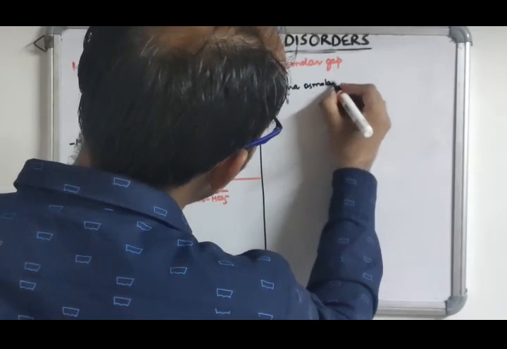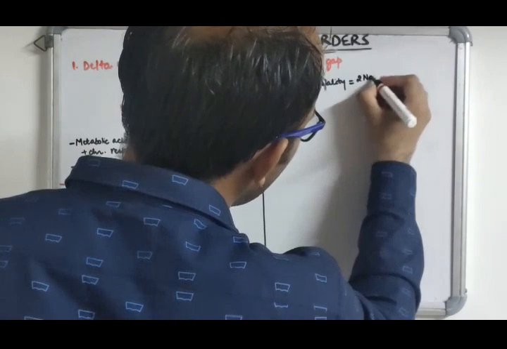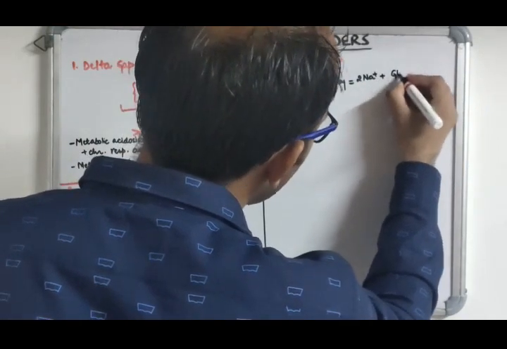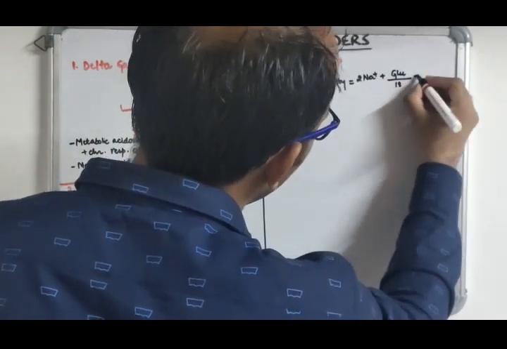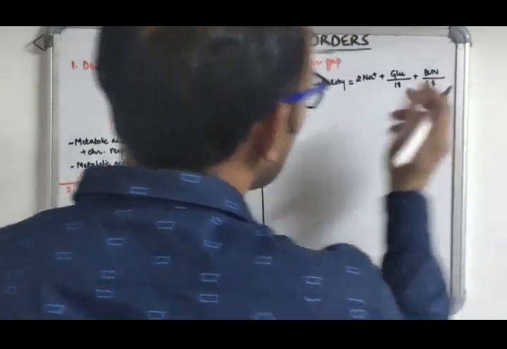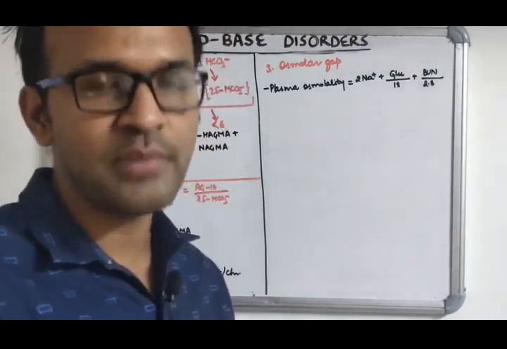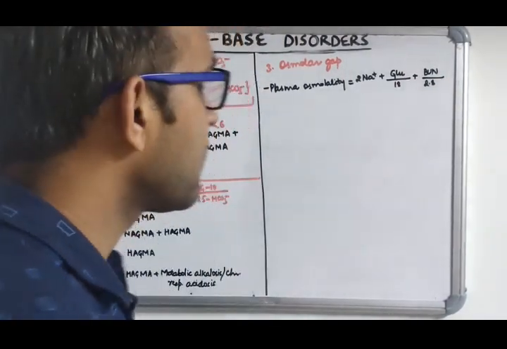So plasma osmolality is given by the equation 2 sodium plus glucose upon 18 plus blood urea nitrogen upon 2.8. So normally sodium, glucose and blood urea nitrogen contribute to the plasma osmolality.